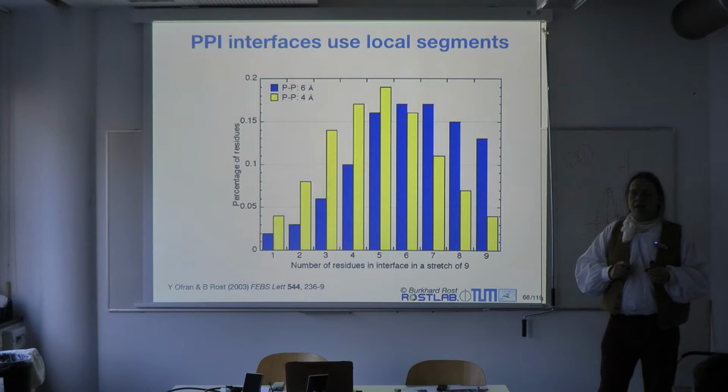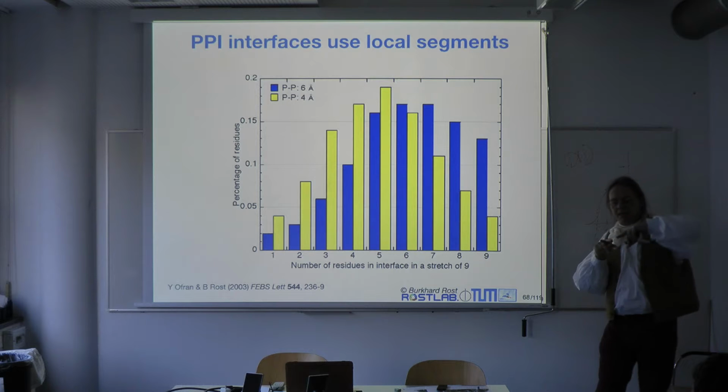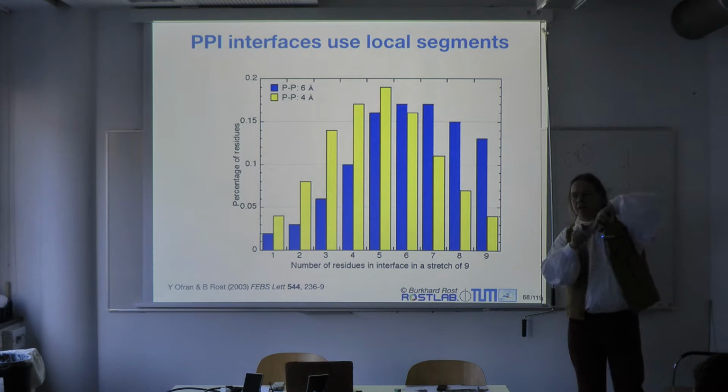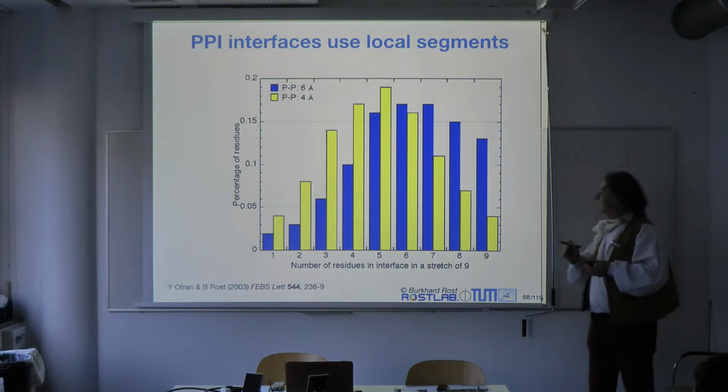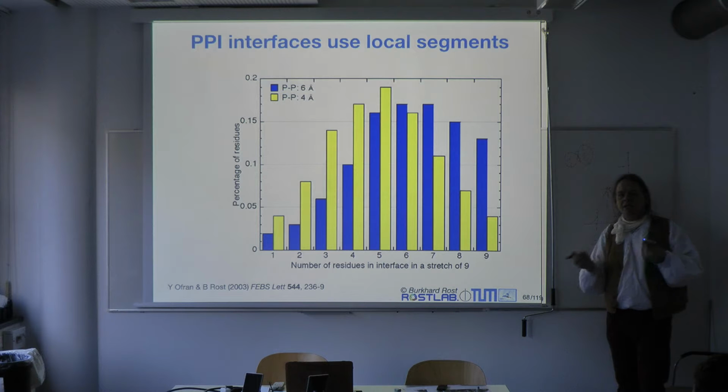Okay? In order for this to succeed, I somehow, in this window of 9, have to see something about interactions, not only once. Ideally, this would work best if all of these 9 residues would somehow see the interaction.